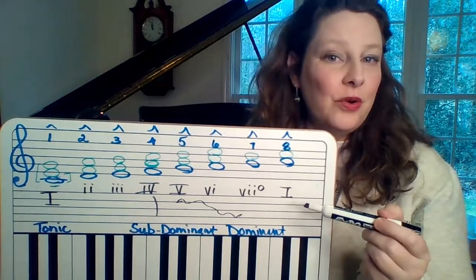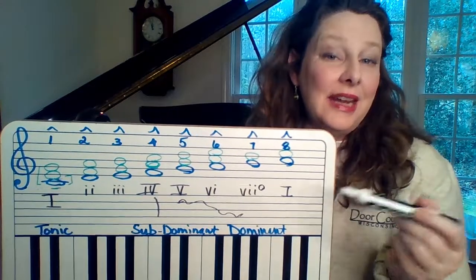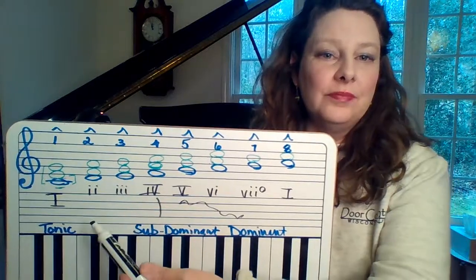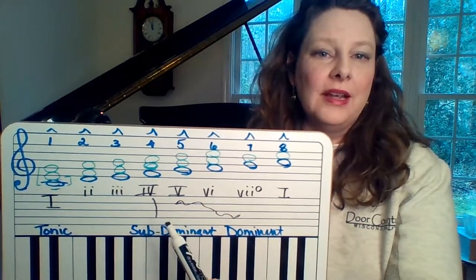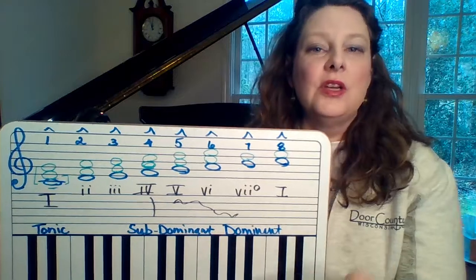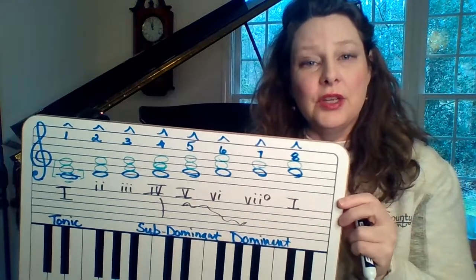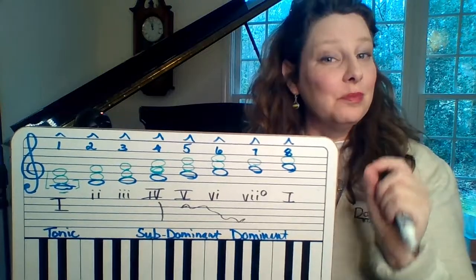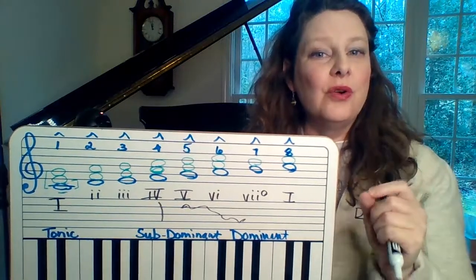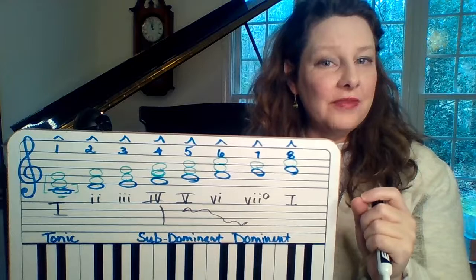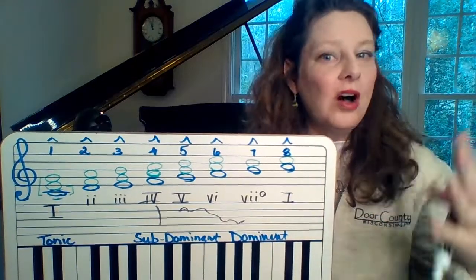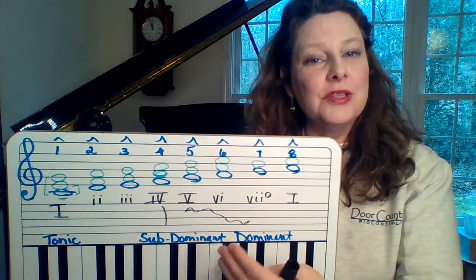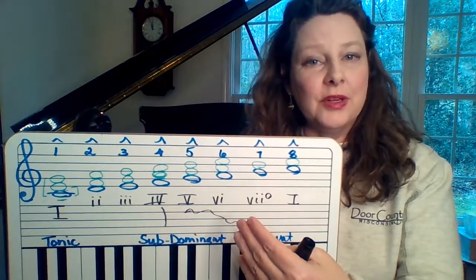Our primary chords in any major scale, including C major, will always be the 1 chord, the 4 chord, and the 5 chord. So in most any song that you are going to play in C major, you will find most often the 1 chord, the 4 chord, and the 5 chord all throughout the piece. You will find other chords. You will find 6 chords. You'll find A minor. That's very popular in pop music.